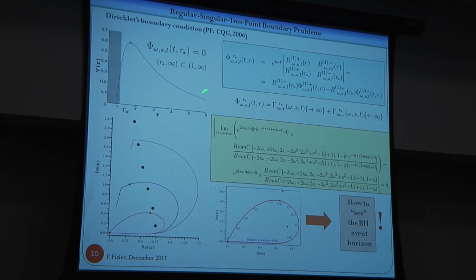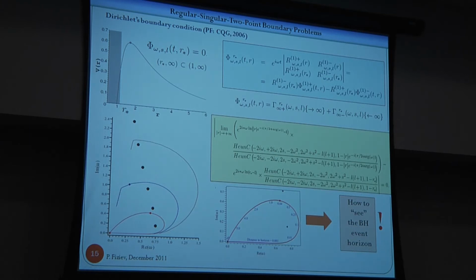I can, using exact solutions, put this boundary condition on my solutions of the Regge-Wheeler equation, and I will get the spectrum. Here we see the standard frequencies, quasi-normal modes of the black hole. If you use as a parameter this radius r star at which total reflection of the wave occurs, we will get a completely different spectrum.